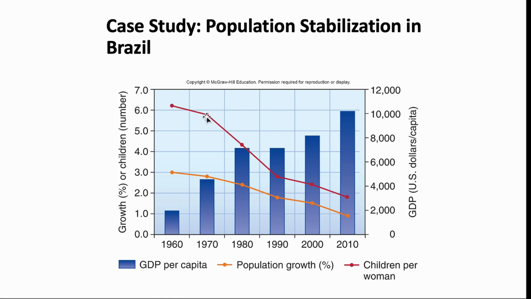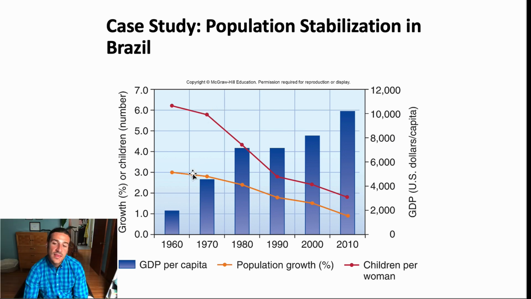We have this yellow line being the population growth in percentage, and then the red line is the children per woman, or fertility rate of women, as a function of time. The Y2 axis is GDP, and they are made up of this histogram, right? So these data have to do with Y2, these data have to do with Y1.